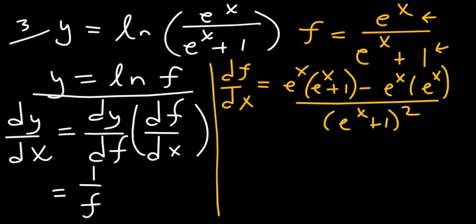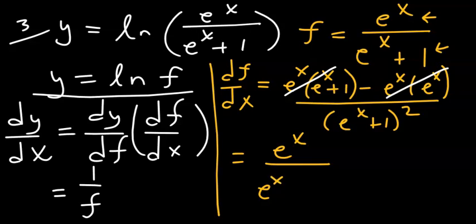This is the quotient rule. And you see that two things will cancel: e^x times e^x minus e^x times e^x, leaving you with just e to the power x over (e^x plus 1) squared.